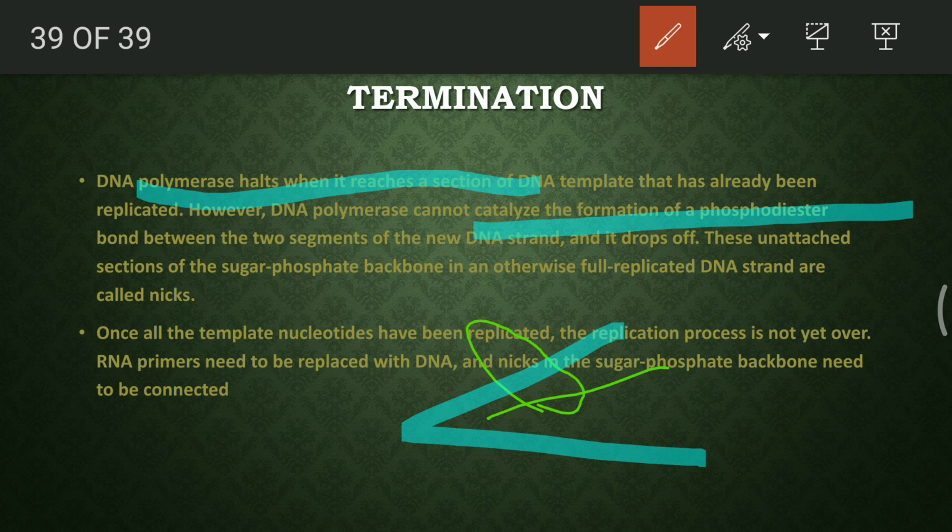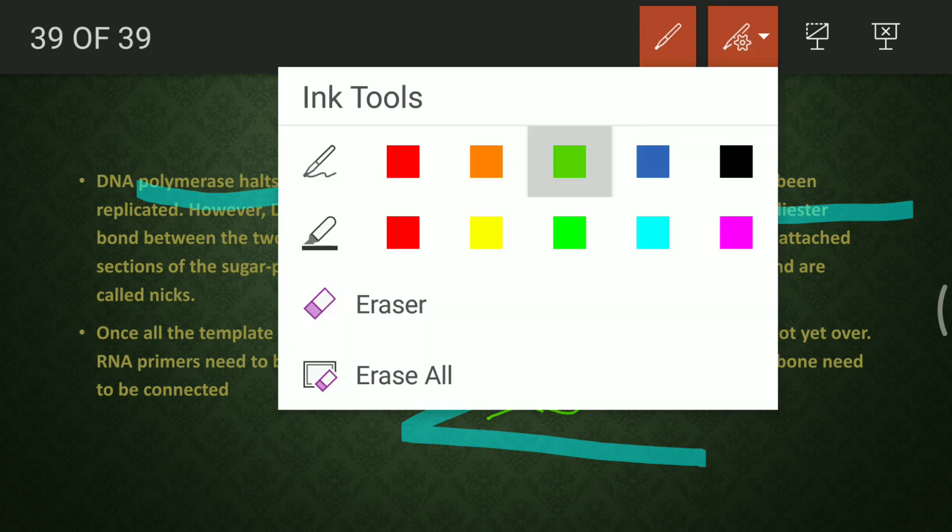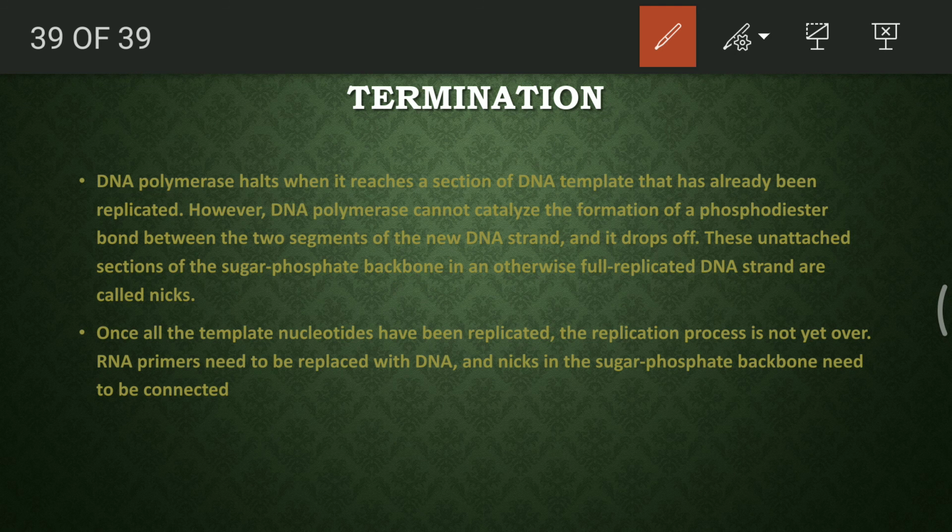As soon as it falls off, the sugar phosphate bonds are there. The strand is fully replicated and has formed nicks, and now the RNA primers need to be removed and replaced with DNA subunits, and the sugar phosphate backbone is to be connected.